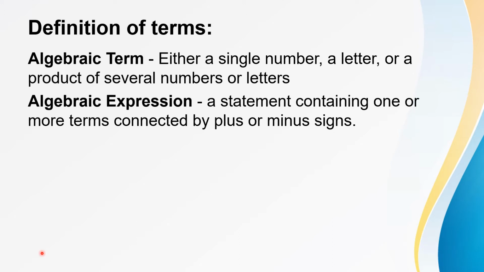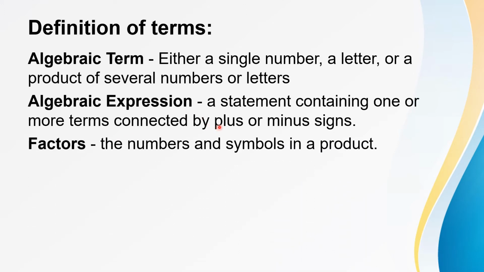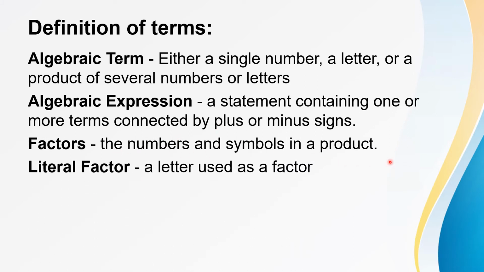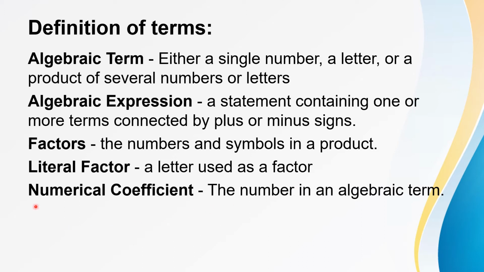Okay, so later we will give examples. Factors. The numbers and symbols in a product. Literal factor. A letter used as a factor. Numerical coefficient. The number in an algebraic term.